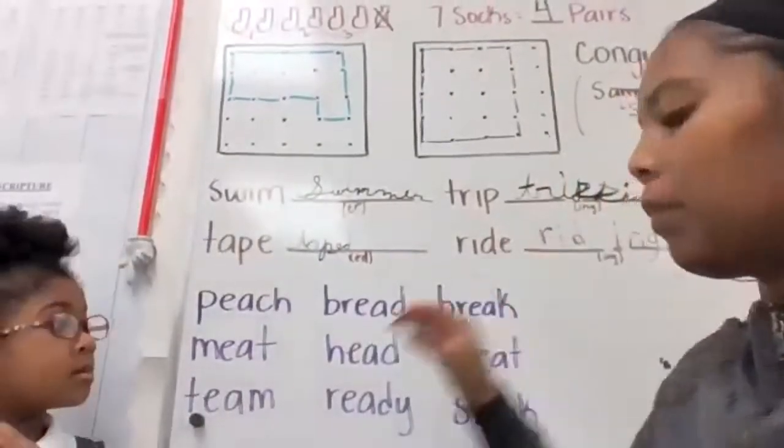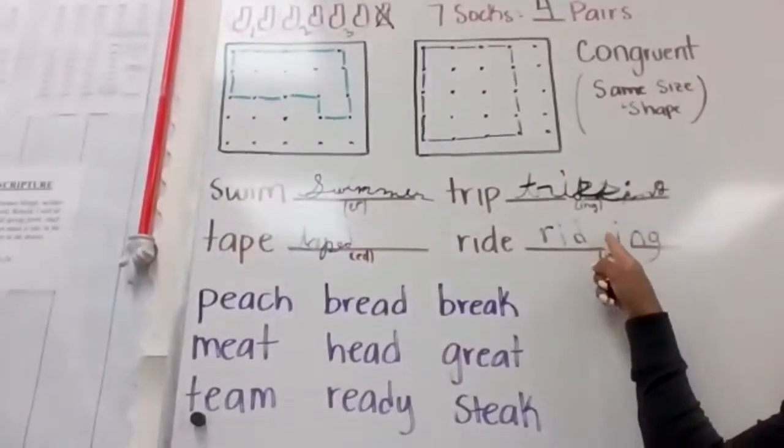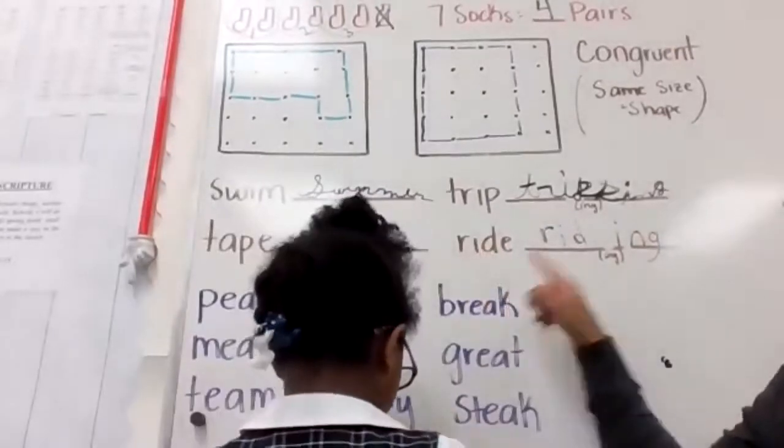Take off the E. Okay, so ride into riding. So we drop the E and we add suffix ING. Okay, same thing as this one. Long vowel, silent E. Good.